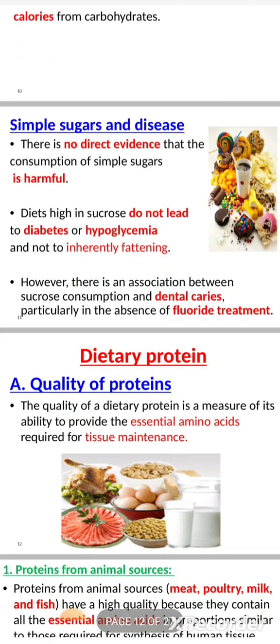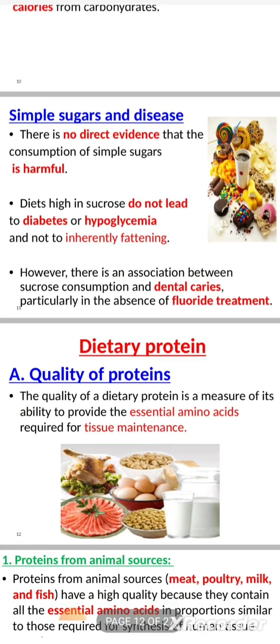Simple sugar and disease. There is no direct evidence that the consumption of simple sugar is harmful. Yes, but sometimes sugar increase is not recommended, table sugar, the important table sugar. But in general, if you are healthy, insulin can help in the transfer of glucose.